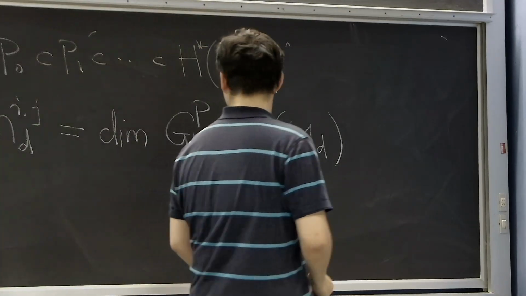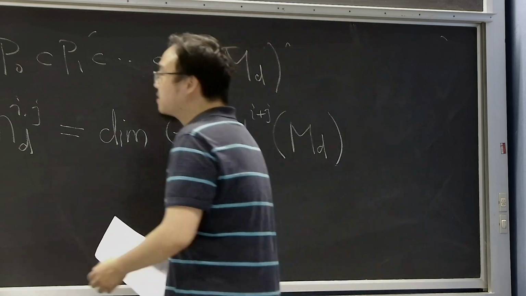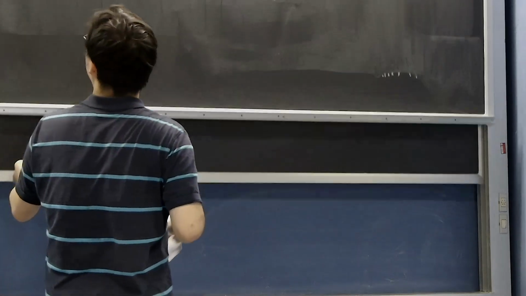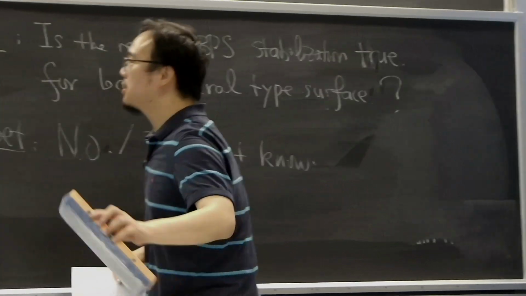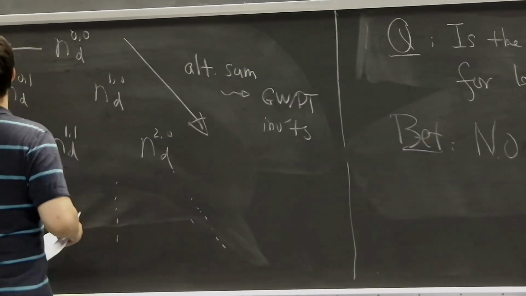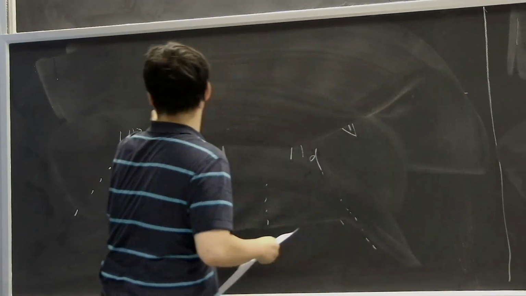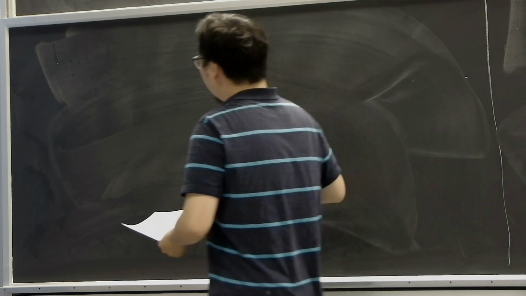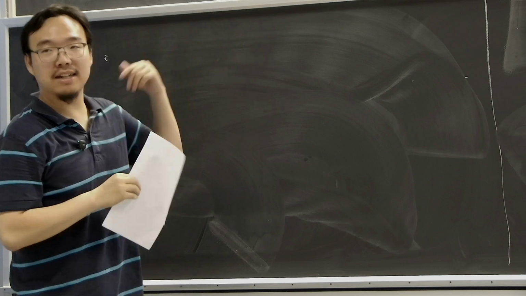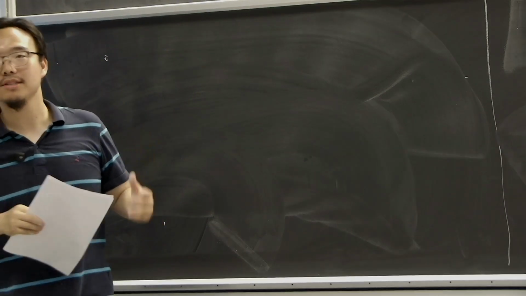This filtration, by definition, is the cohomological lifting of these numbers. So this considers the left-hand side of the formula. Now what's the right-hand side?